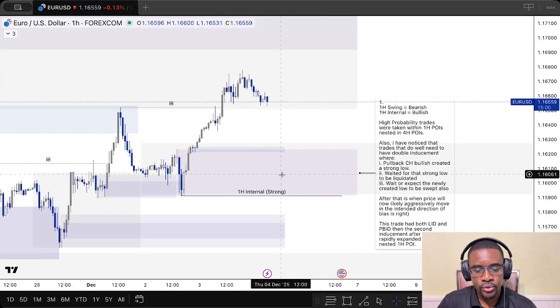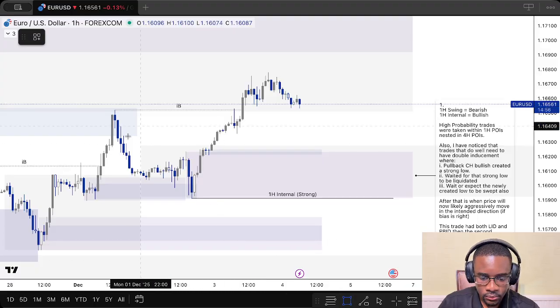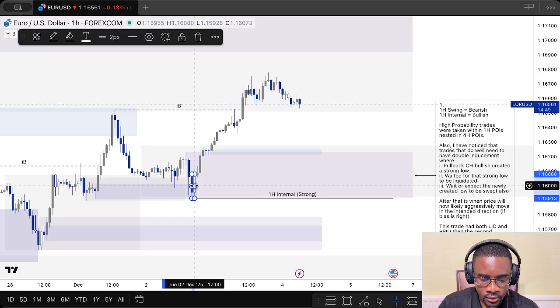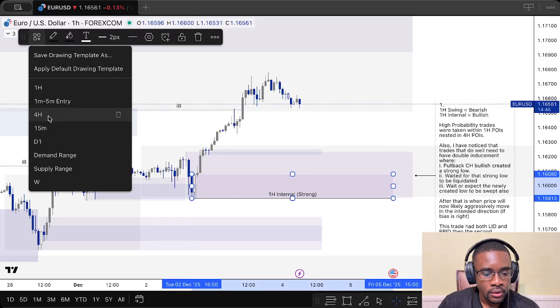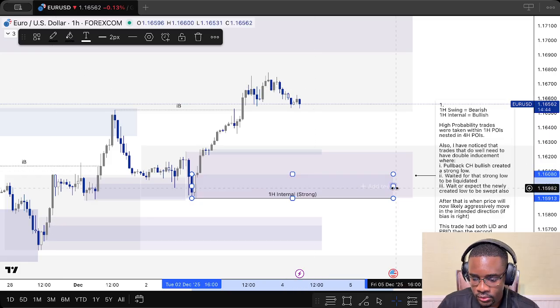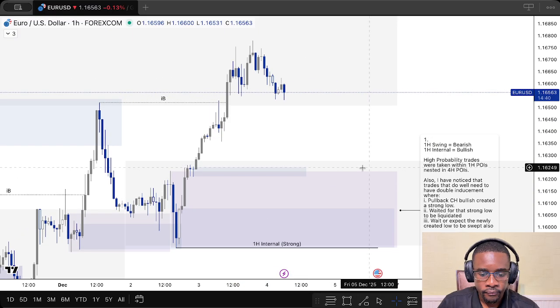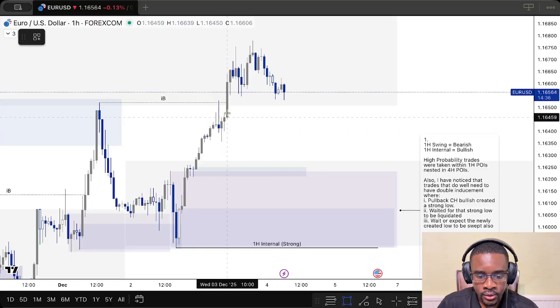So that's our current swing range. Okay, so on the 1 hour, this is our nested demand at extreme. And then now we have a newly created, this is our decisional.